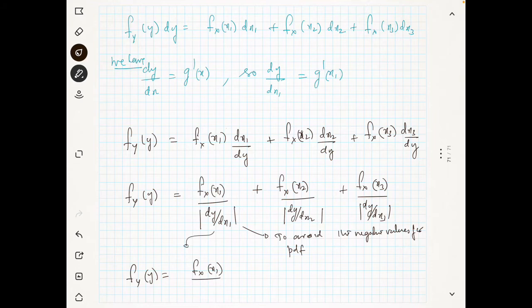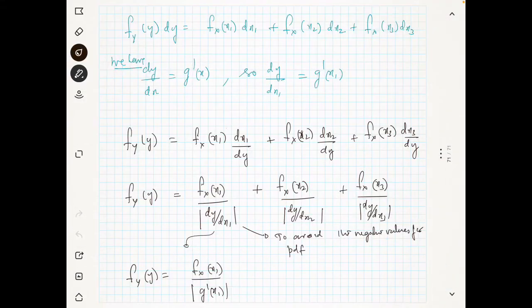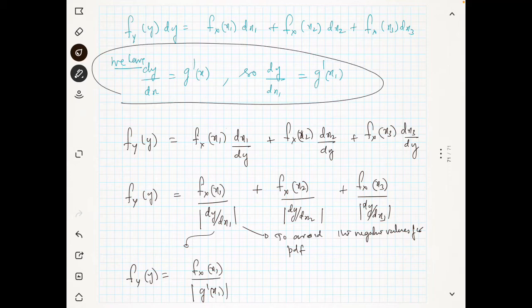Okay, so we have fY of y is nothing but fX of x1 divided by the absolute value of g dash of x1, because that's what I have already explained in this slide. So in general, dy by dxi is nothing but g dash of xi.